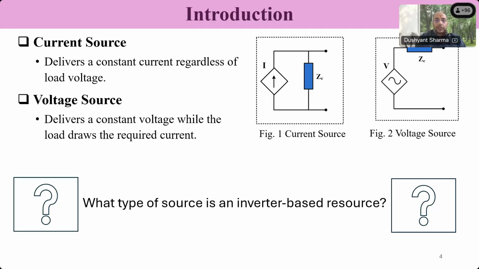Can anyone answer, maybe in the chat box or by unmuting? The moderator can tell what kind of answers you are receiving. We'll take just a few seconds here and then continue. Any of the participants? The question is very simple. We have an inverter, and whether the inverter is a current source or a voltage source.